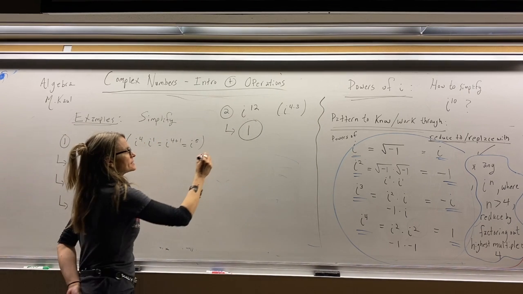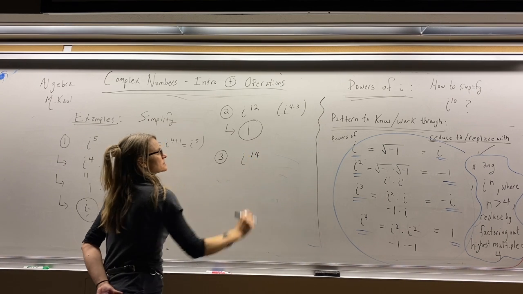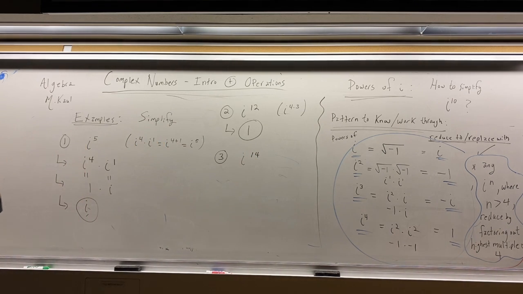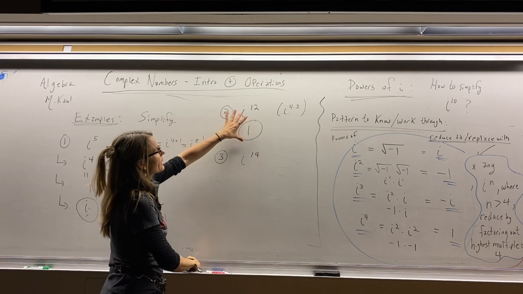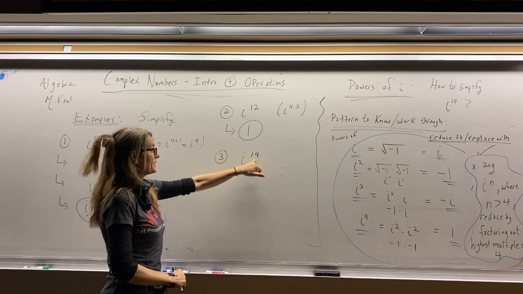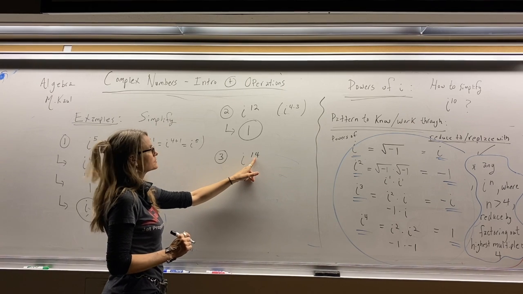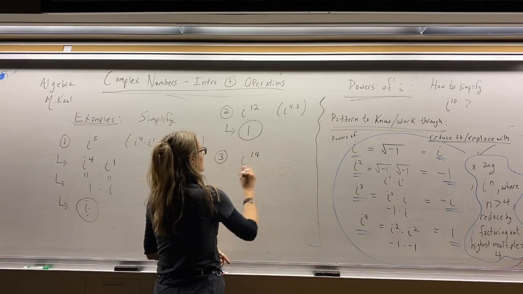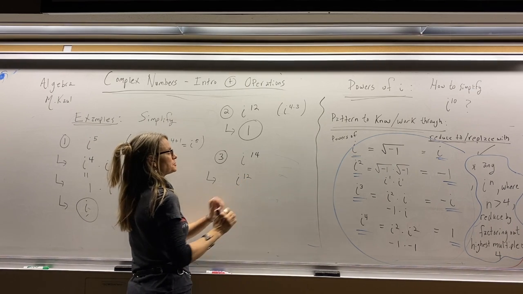Let's look at i to the 14th power. Let me go ahead and apply this highest multiple in something that will have leftover i's. So in this case, the highest multiple is 12, but I'm going to have 2 left over. So what I know is that i to the 14th breaks down to i to the 12th. That's the highest multiple of 4.